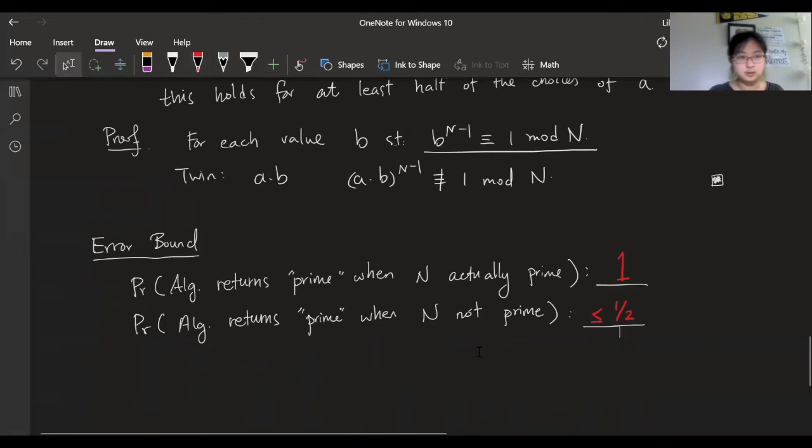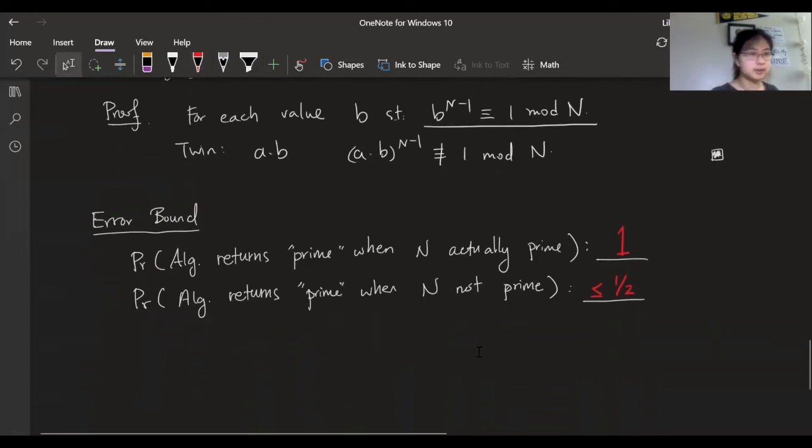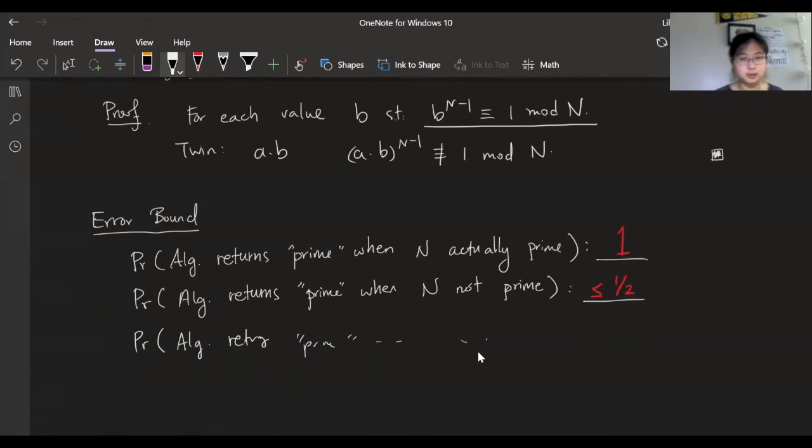Okay. So what this means is that if I iterate this process many, many times, I add one more line here: the probability that the algorithm returns prime when n is not prime after k tries.